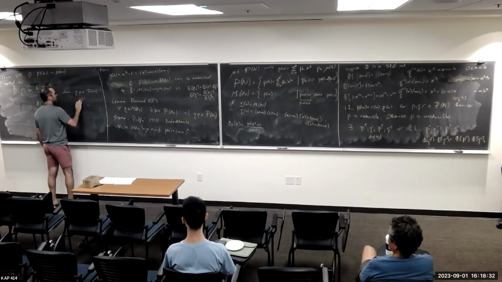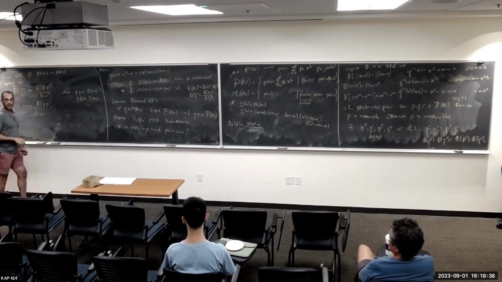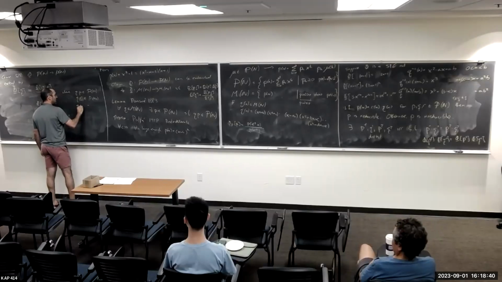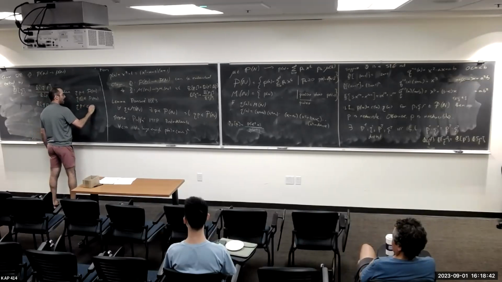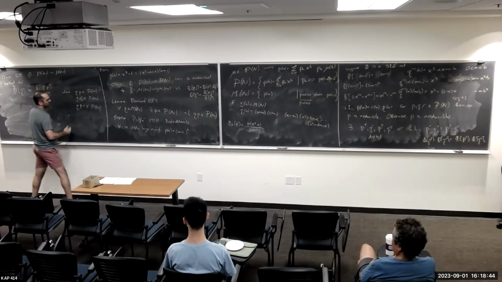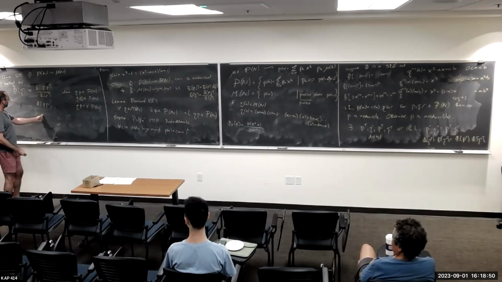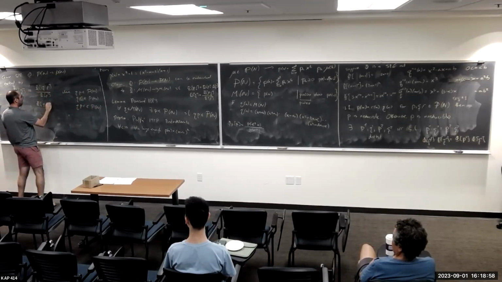So also q times r and p of n. That means that q times p times r, because this is already all non-negative, so if I multiply it again, it stays non-negative. So okay, now I'm improvising this, but it's something like phi of q.